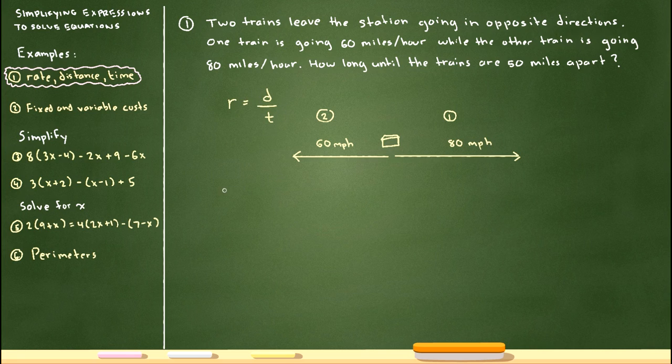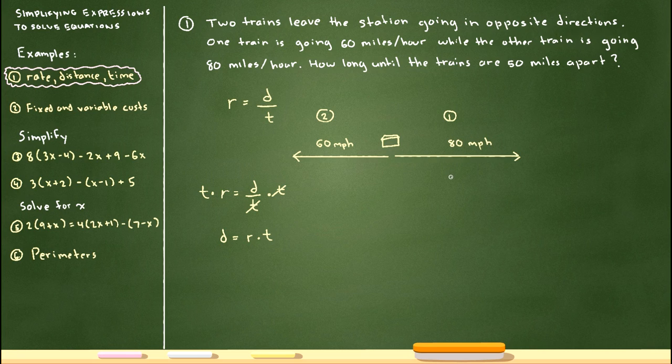I begin with my equation, r is d over t. To solve for d, I need to move the t to the other side. I do that by multiplying by t on the right side, and I balance the equation by doing the same thing on the other side. Now we have a new relationship: d is equal to rate times time.